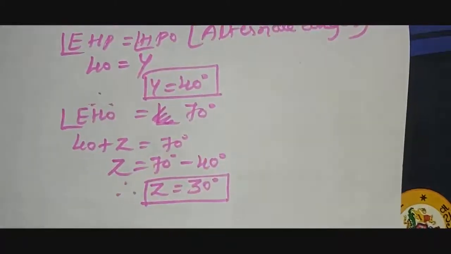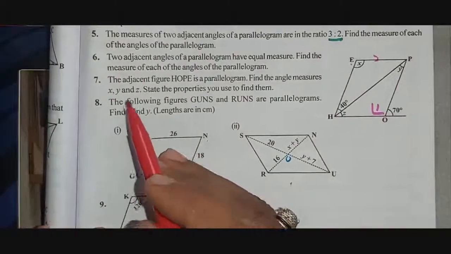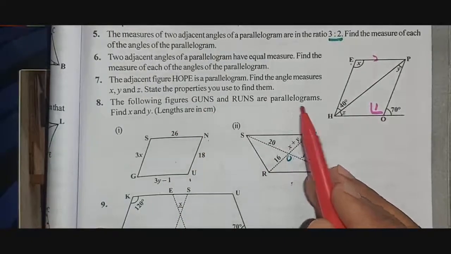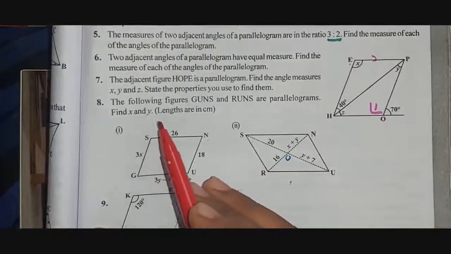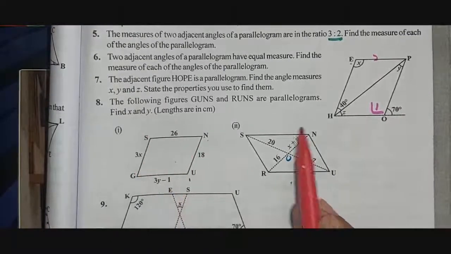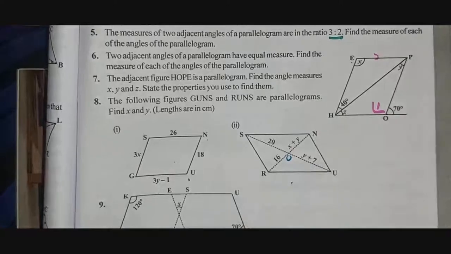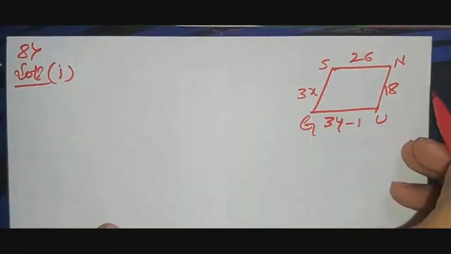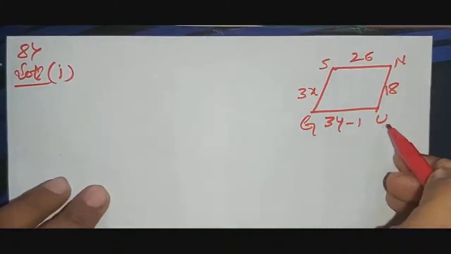Dear students, now let us discuss the 8th question. The following figures GUNS and RUNS are parallelograms. Find x and y. Lengths are in centimeters. They have given the first figure and here the second figure. We need to find the values of x and y.